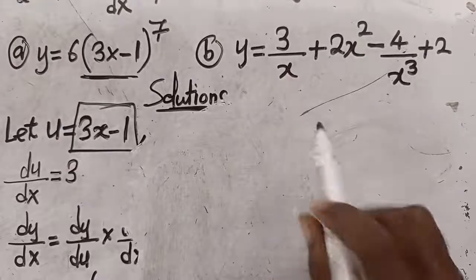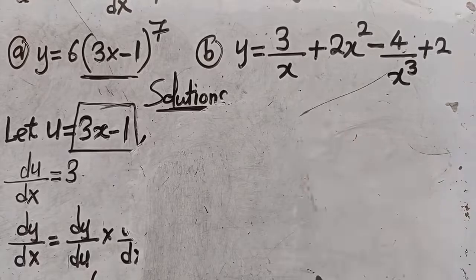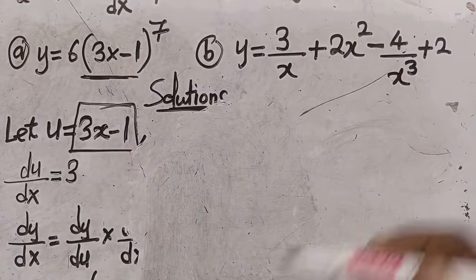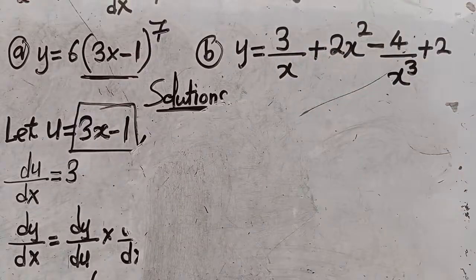As long as my x are down, we need to change. They need to go up. So meaning we are changing from positive index to what? Negative index.